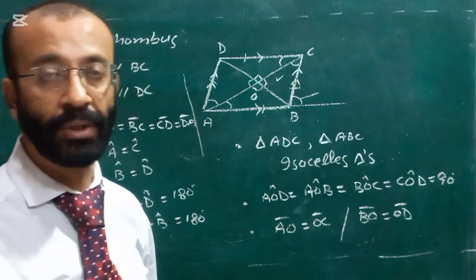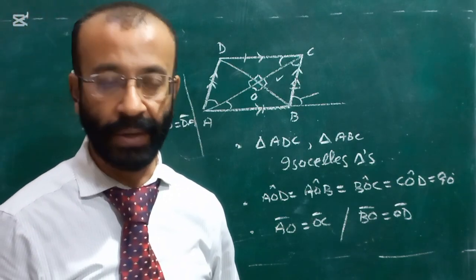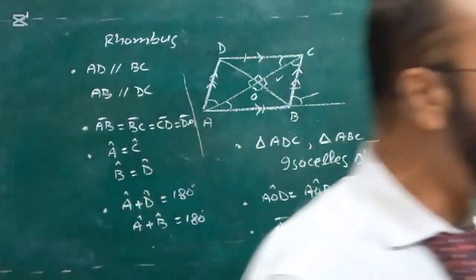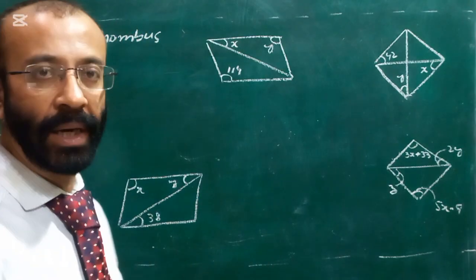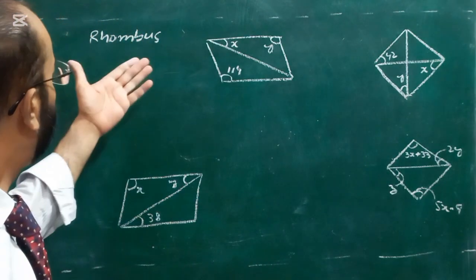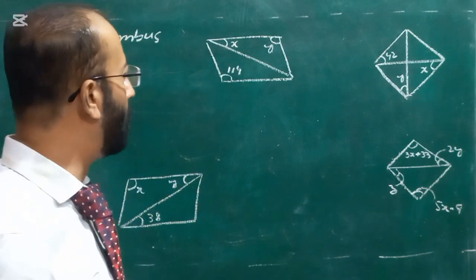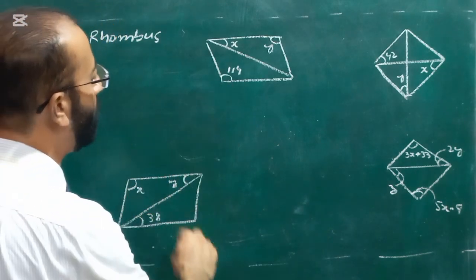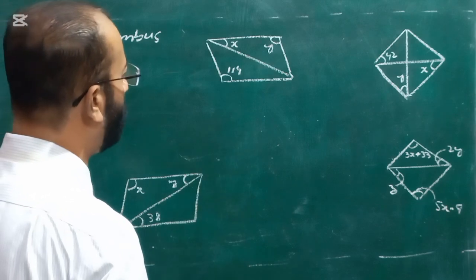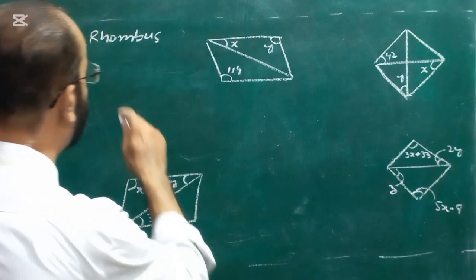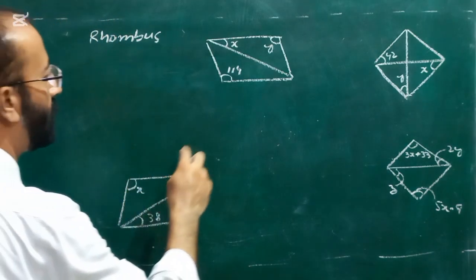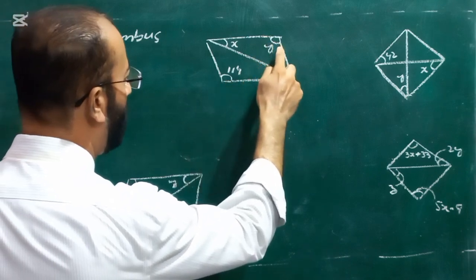So now we are going to solve some questions. So concentrate now. So here are some questions. All figures are rhombus and the requirement is find the value of the unknown. So look at this first figure. X and Y are two unknown values. Because this figure is a rhombus, opposite angles will be equal.